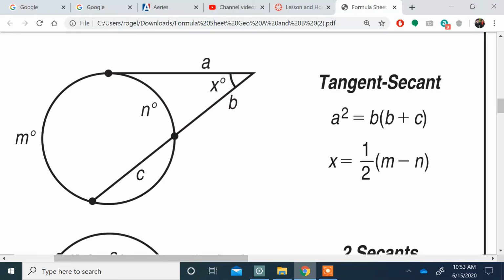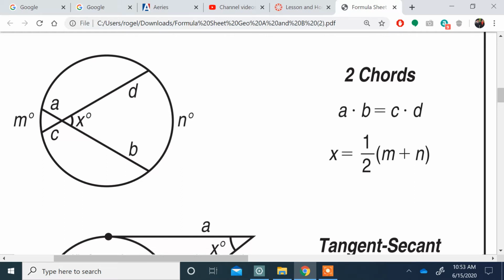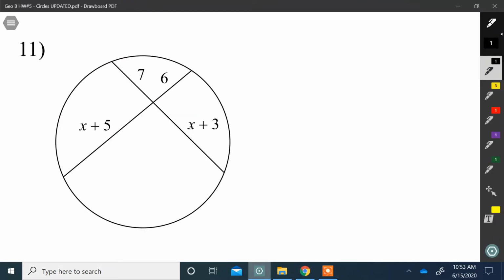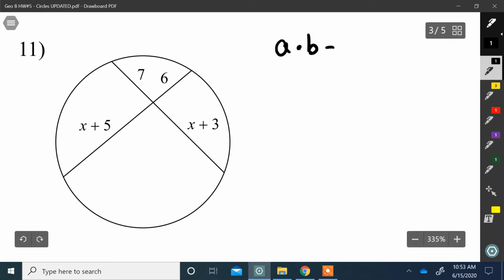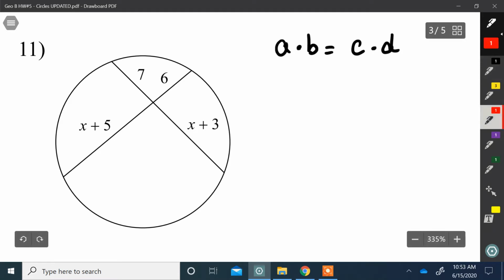Let's go back to our formula here. I have to use this formula here. A times B is equal to C times D. So once again, A times B is equal to C times D. It doesn't really matter on this one which one you define as A and B, as long as they're the same.